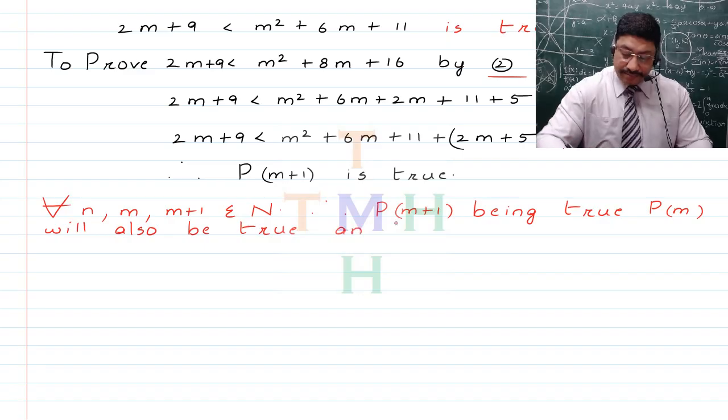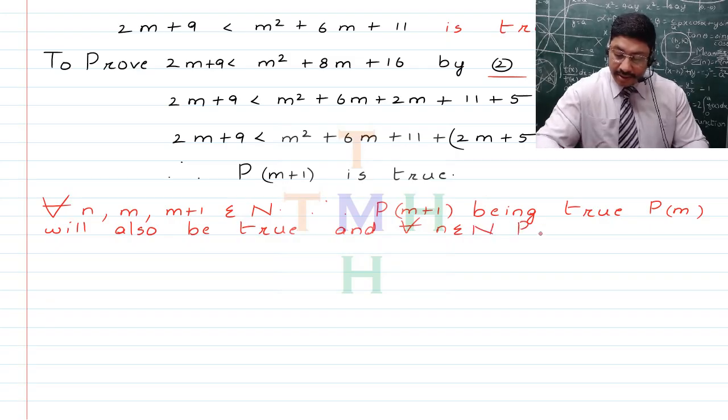And for every n an element of natural numbers, Pn is always true.